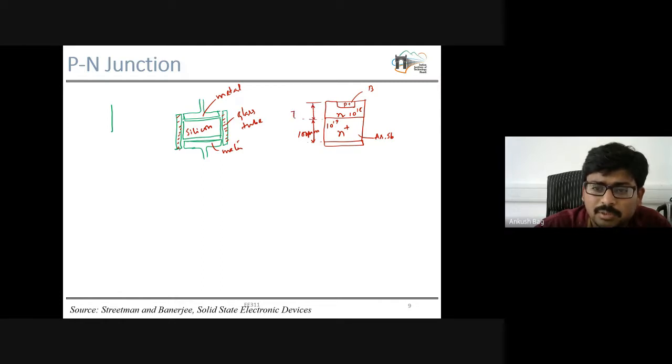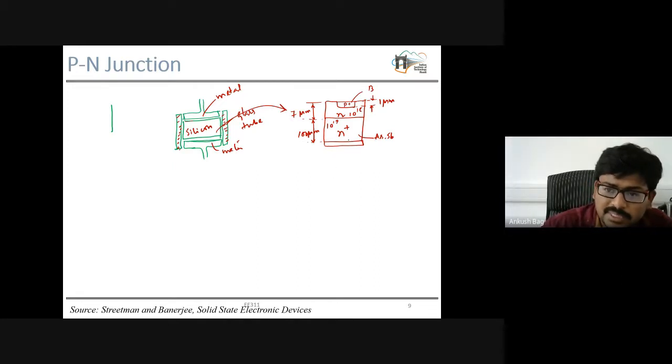My figure is not to scale, so this is a very small portion, and the thickness of this P section is 1 micrometer. So this is the overall semiconductor portion, the silicon section. If we enlarge, you will see this kind of structure as a PN junction inside the PN junction diode.